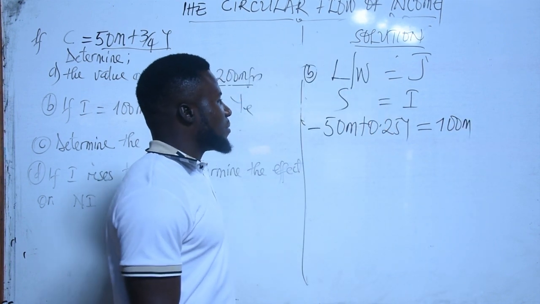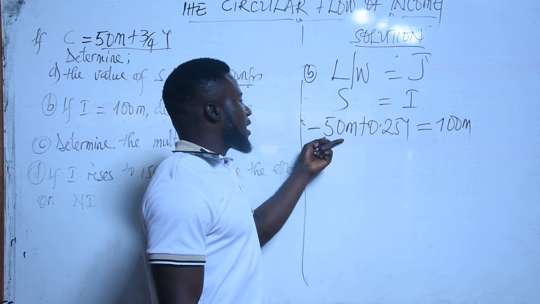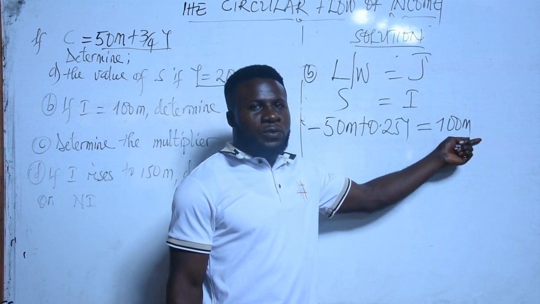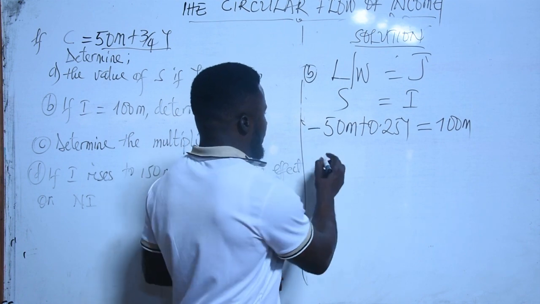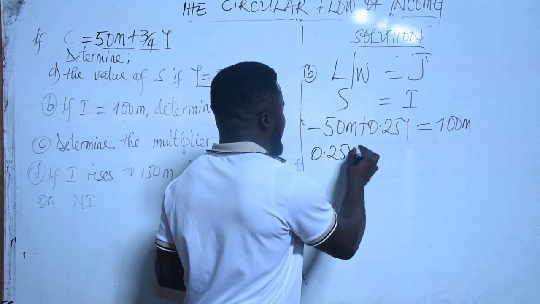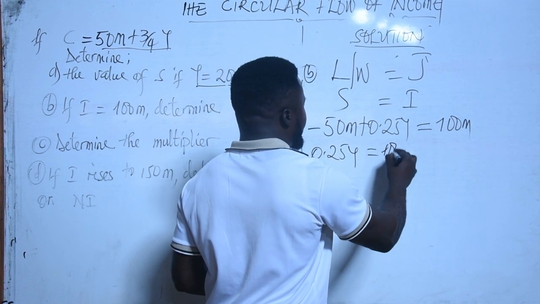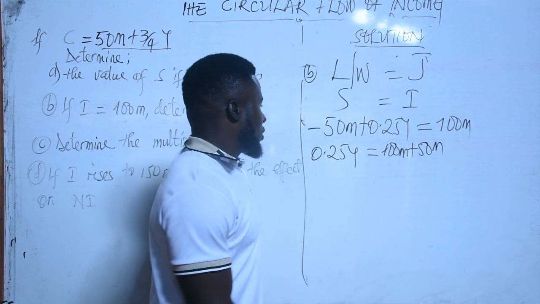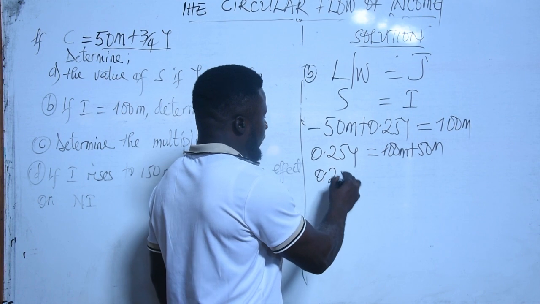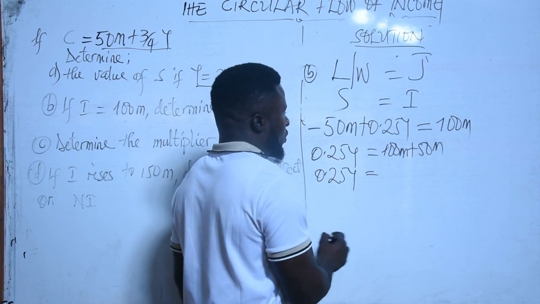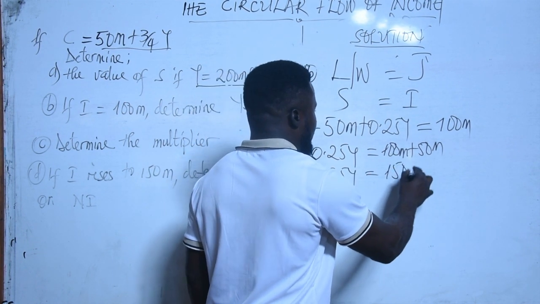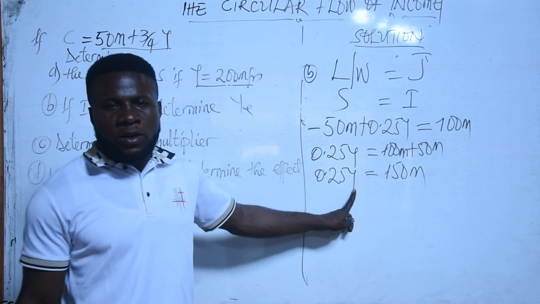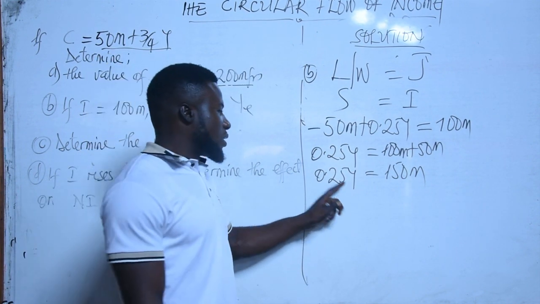Okay, we bring like terms together. So this negative 50 million shall move to meet 100 million that way, and it will turn into positive. We have 0.25 Y should be equal to 100 million plus 50 million. So 0.25 Y is equal to 150 million. We are looking for Y, so we shall divide all through by the coefficient of Y, which is 0.25.